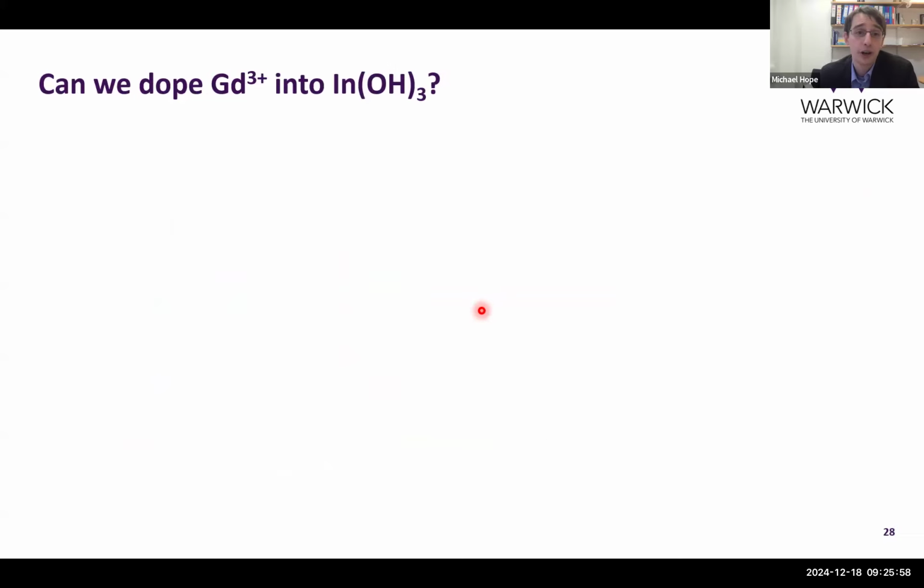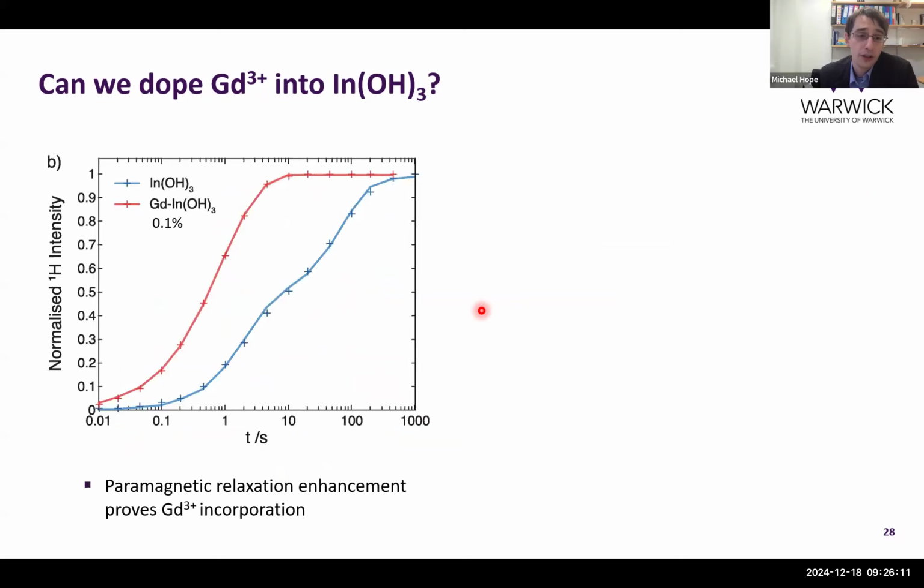So the first question is, can we dope gadolinium into indium hydroxide? This is all work from a master's student in the group, Yushuan Zhang, who made this by hydrothermal synthesis. The first thing we did was to measure the proton relaxation. So pure indium hydroxide, shown in blue, the T1 relaxation. And for a sample with a nominal concentration of 0.1%, we get a significant reduction in the T1 of the protons.